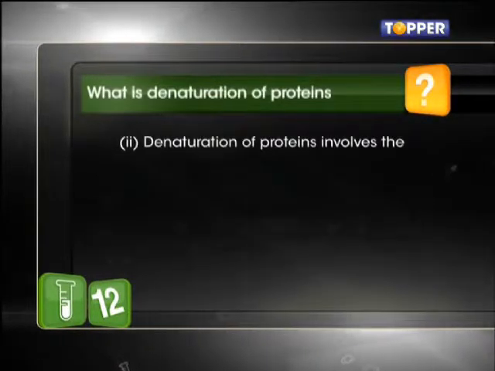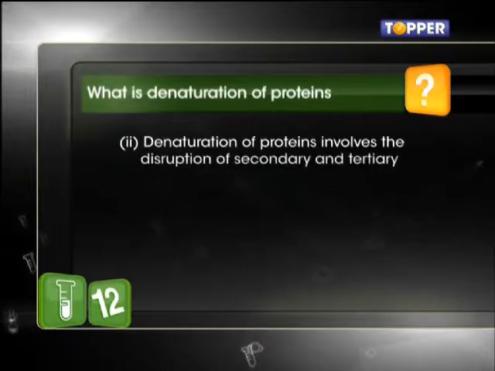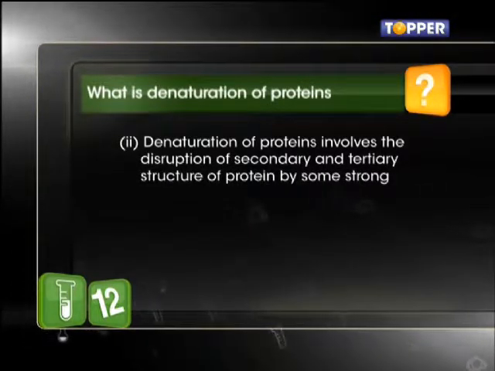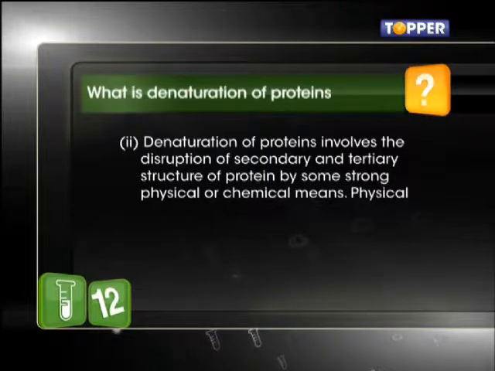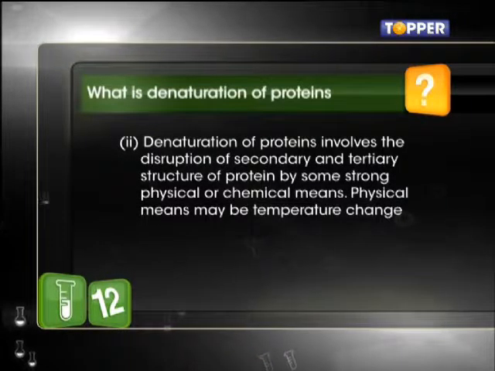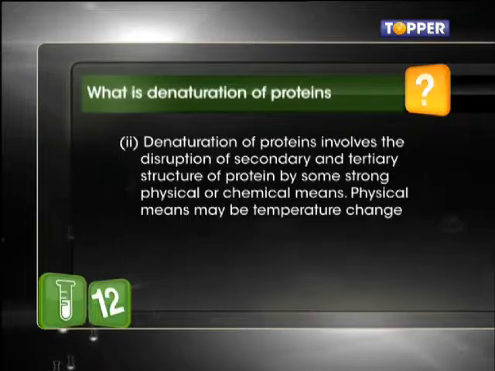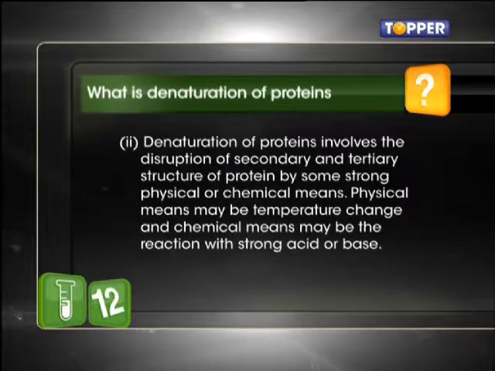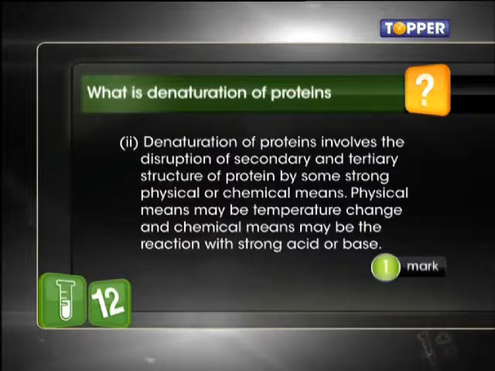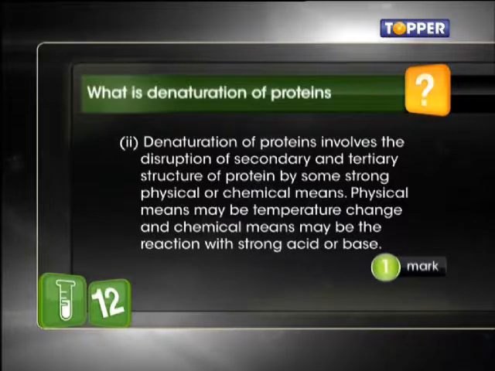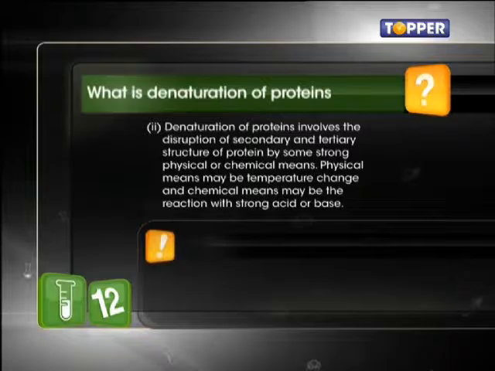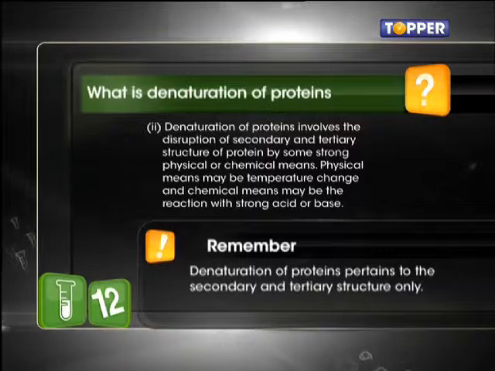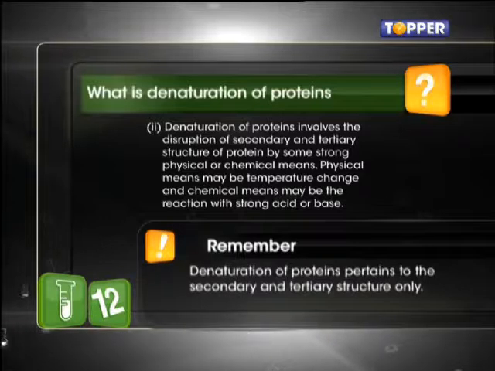And denaturation of proteins involves the disruption of the secondary and tertiary structure of protein by some strong physical or chemical means. In this case, the physical means may be the temperature change and the chemical means may be the reaction with the strong acid or base. Remember that denaturation of proteins pertains to the secondary and tertiary structure only.